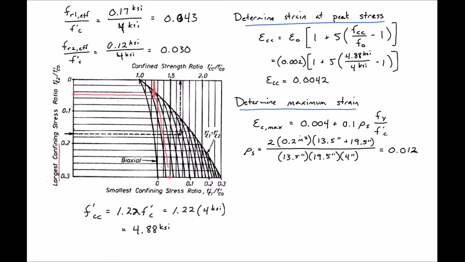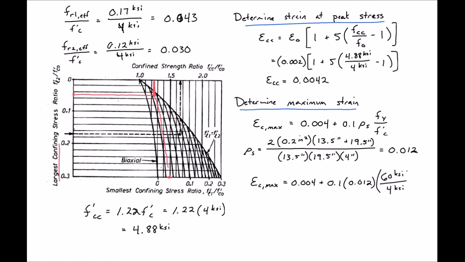We can then plug our rho sub s and our other knowns into our EC max expression, and we'll find that our EC max, or epsilon C max, is equal to 0.004 plus 0.1 times 0.012 times our Fy, which is 60 KSI, divided by our F prime C, which is 4 KSI.